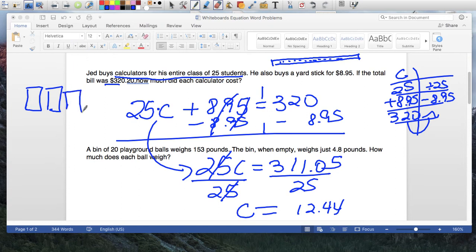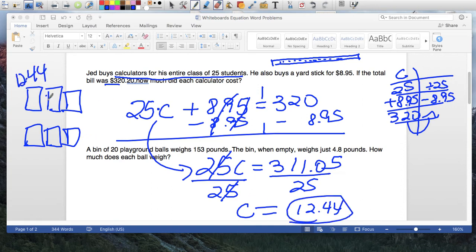I'm not going to draw 25, but imagine all these calculators for his students. So this calculator was $12.44, this one $12.44, and we do this 25 times. So 12.44 plus 12.44 and so on, 25 times, plus 8.95, is going to give you 320.